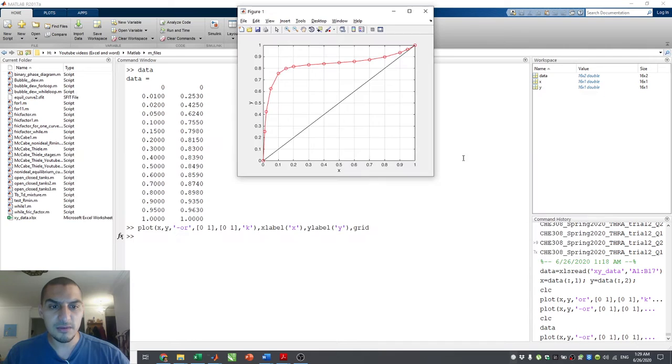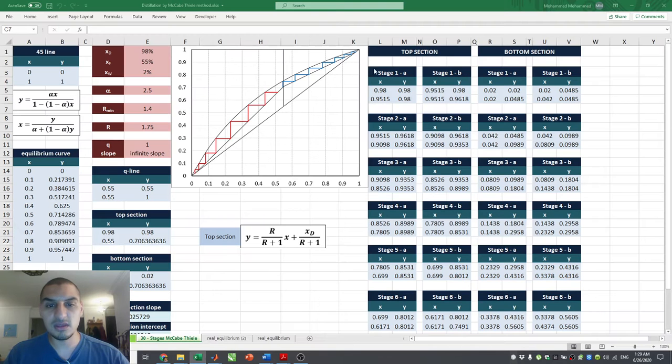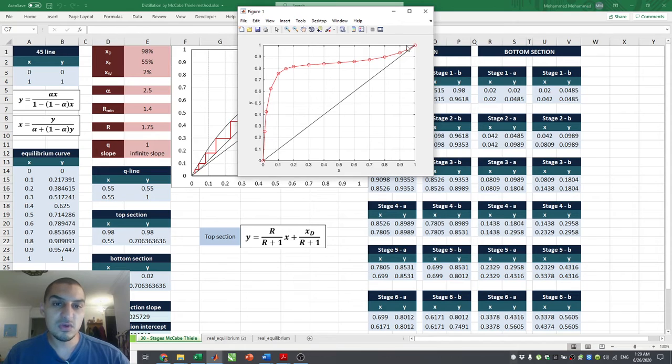So this is how the equilibrium curve looks like. It's totally different from the curve that we were talking about before, and that's why we cannot use this equation to describe this curve because it's not the same system.